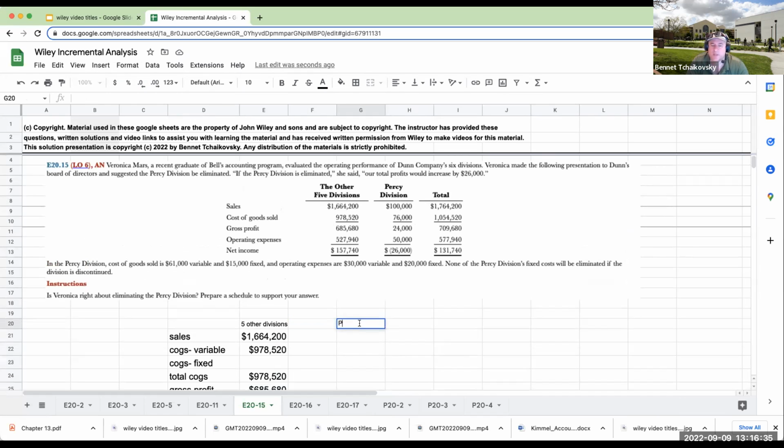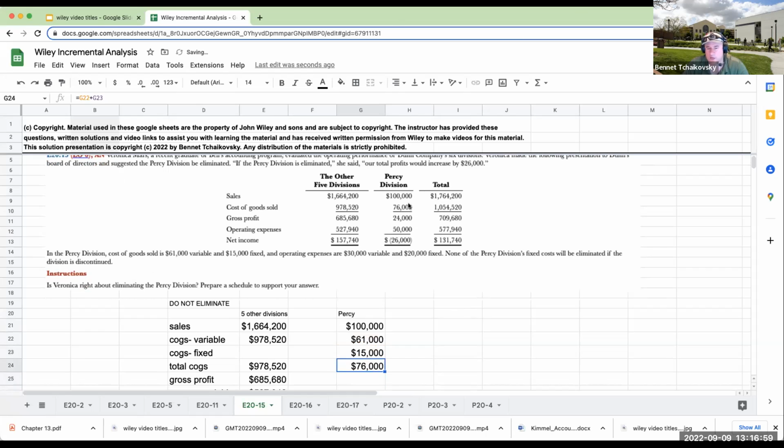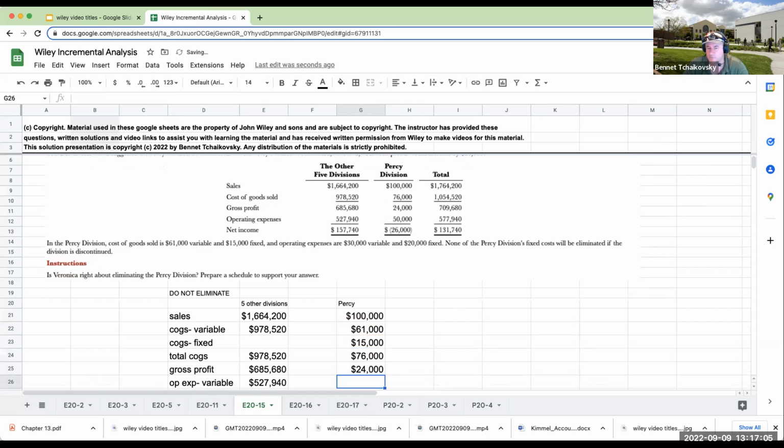So here for Percy, what we call this, do not eliminate. For Percy, they had sales of 100,000. And now this is why we have to look at this carefully. In the Percy division, cost of goods sold is 61,000 variable and 15,000 fixed. So my total cost of goods sold is 76,000. My gross profit, sales minus cost of goods sold, is 24.